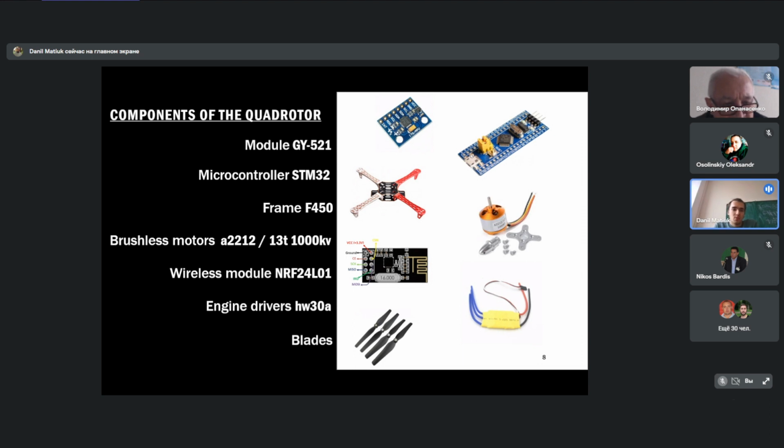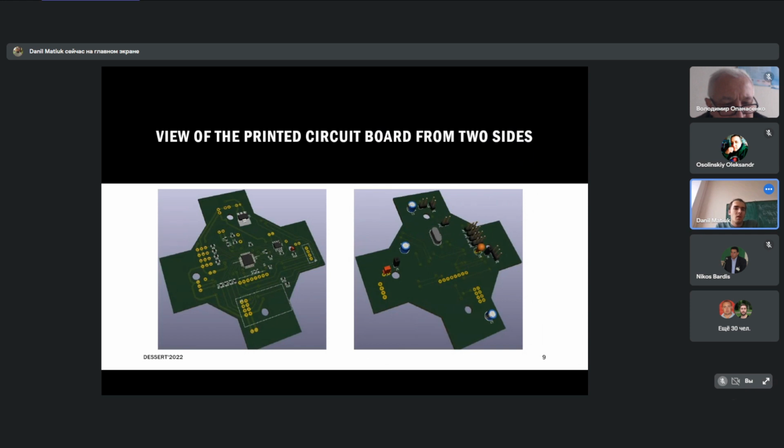The components used in the development of the quadrotor are presented on the slide. For convenience, a double-sided printed circuit board was made using laser ironing technology and sodium persulfate, which is usually used to etch printed circuits and copper.